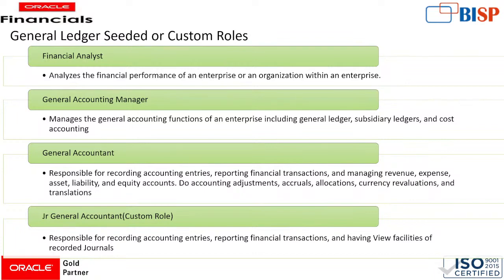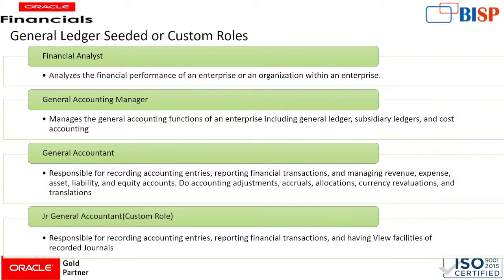The responsibility is recording journal entries, reporting the financial transactions, and managing the revenue, expenses, asset, liability, and equity accounts. It will do the accounting adjustments, accrual, allocation, currency revaluation, and translations. So he can perform these tasks using the general accountant role.